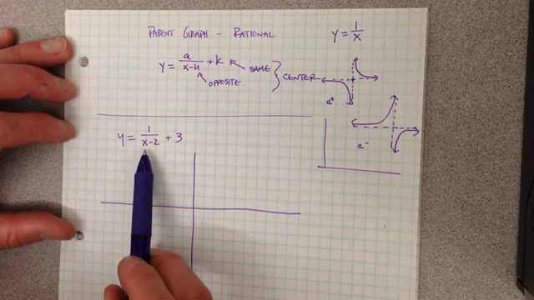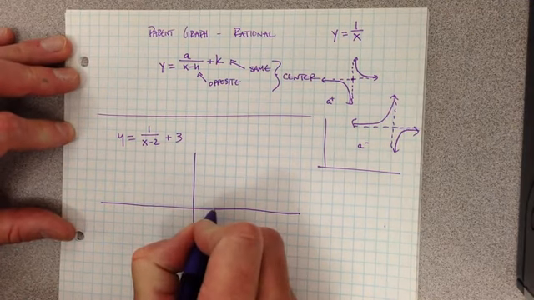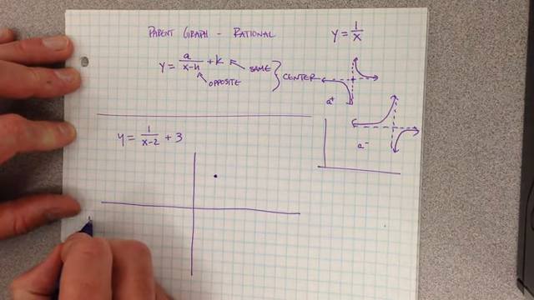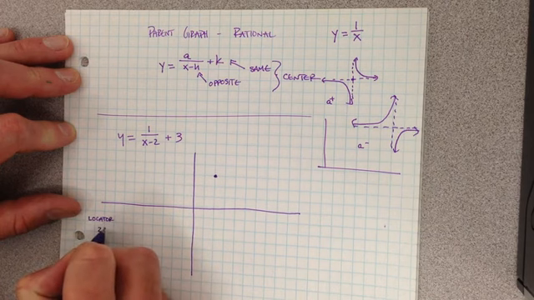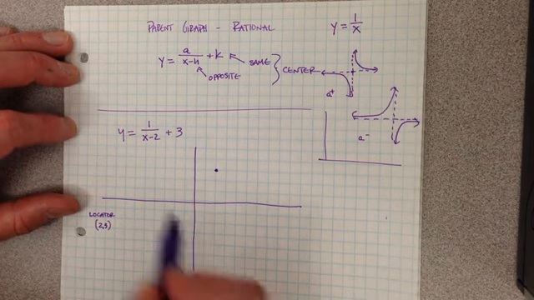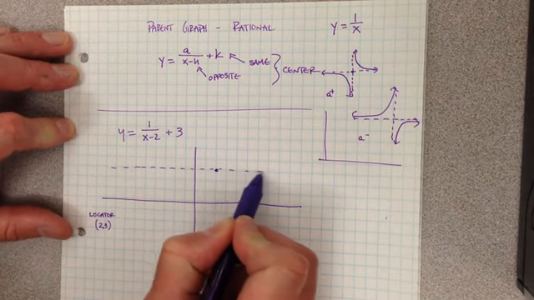So opposite here, same here: 2, 3. That is my center, my locator point. I'm going to draw a set of asymptotes right through the center.